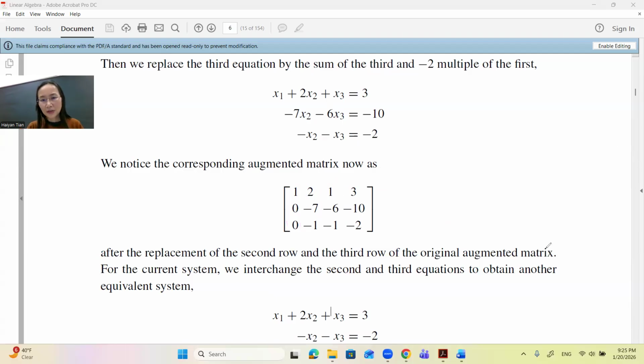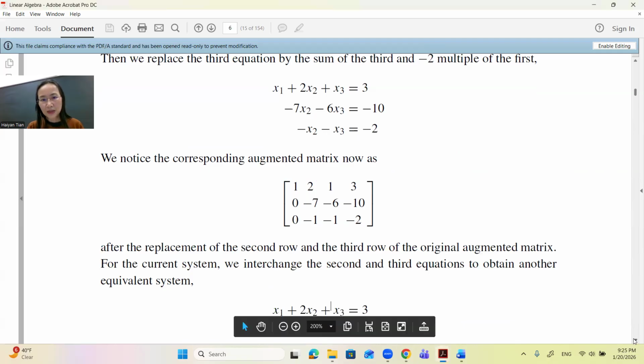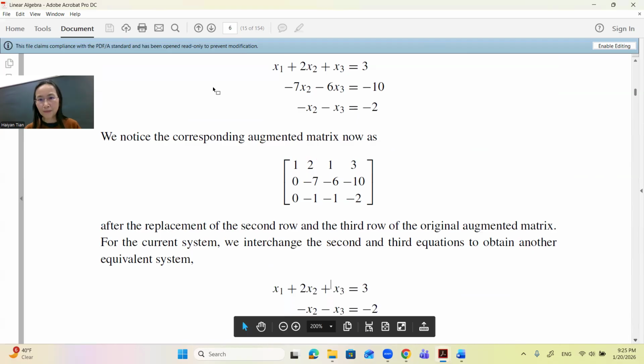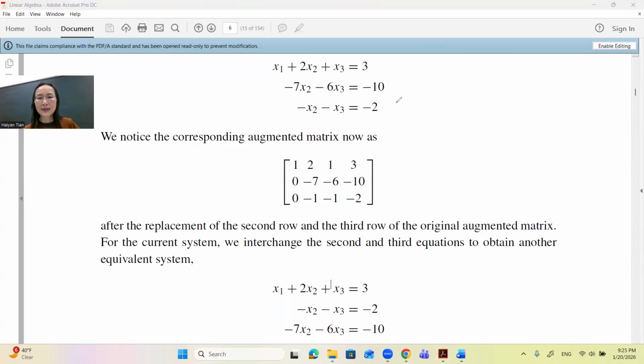Now, continue to do more eliminations. If we go from here, then we can use the second and third. But actually, I can swap the second and third.